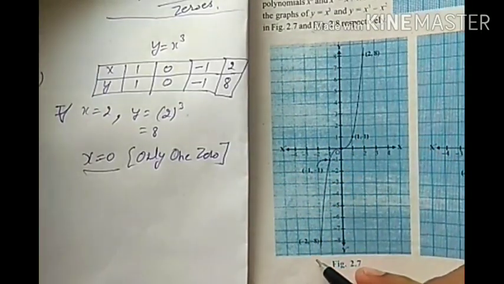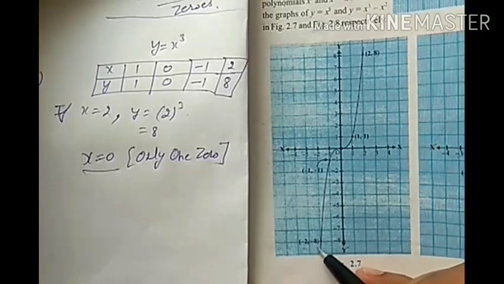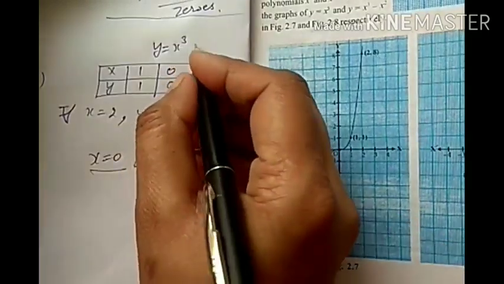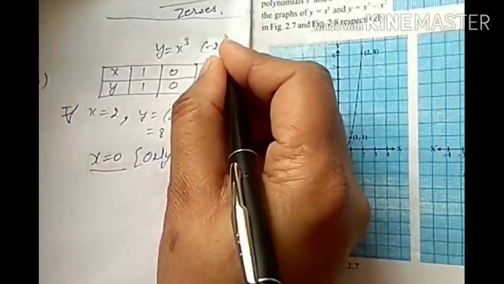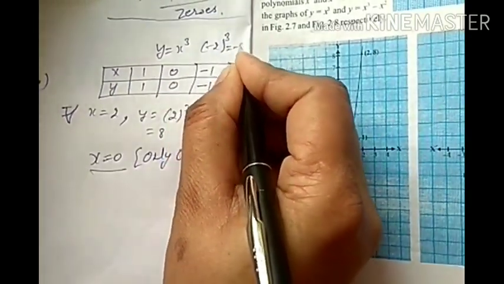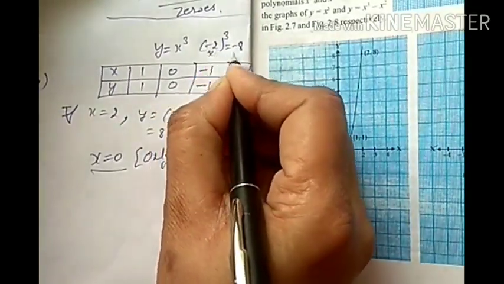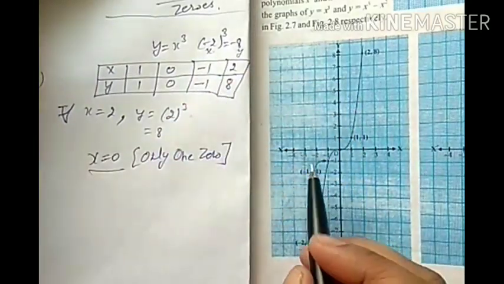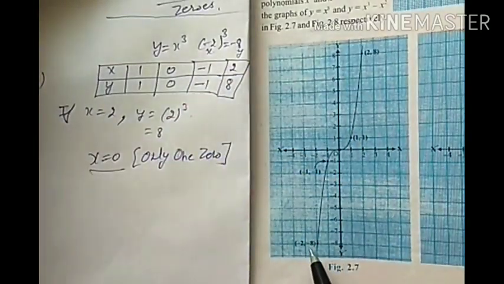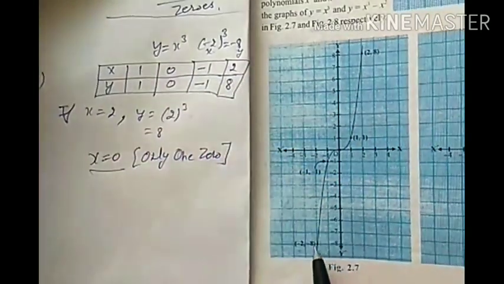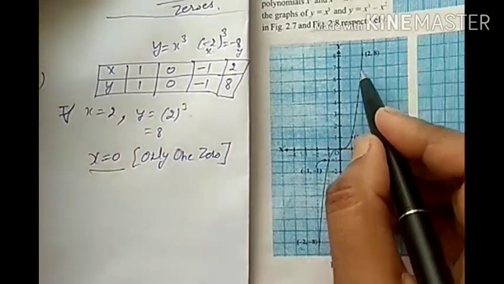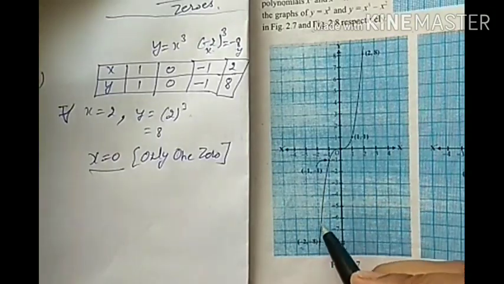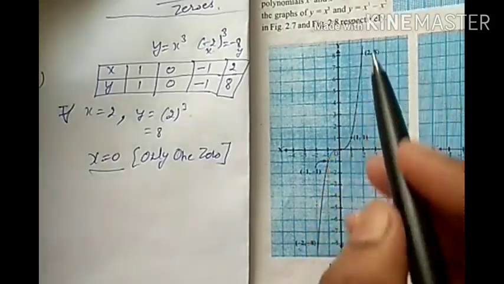Here one more point is taken: if x is equal to minus 2, then the cube of minus 2 is equal to minus 8. Means x is equal to minus 2 and y is equal to minus 8. So this is another point, x coordinate, y coordinate. And when we join these points, we get this type of graph.